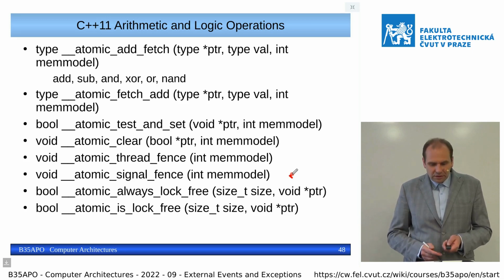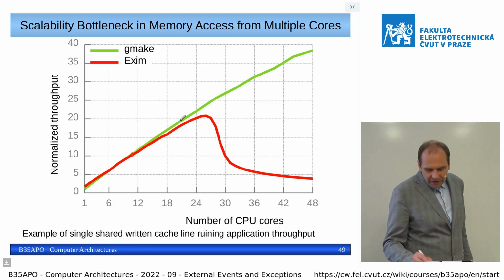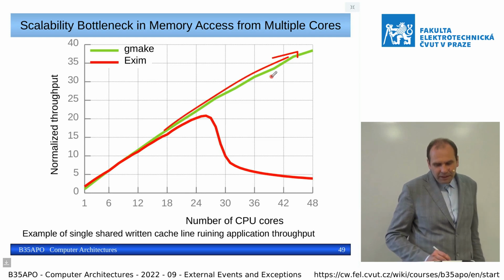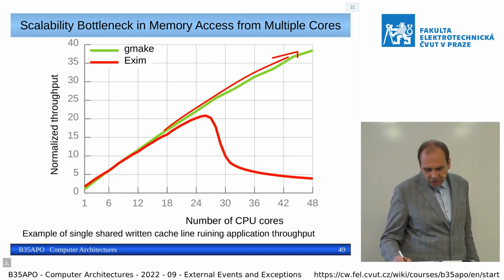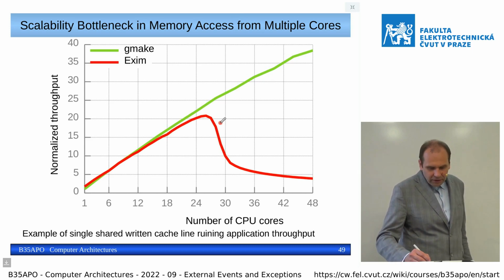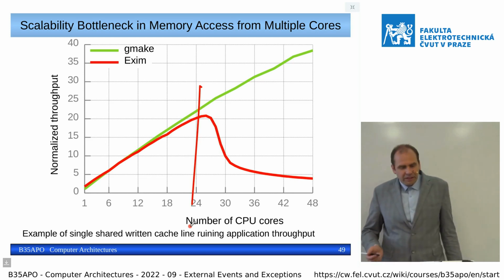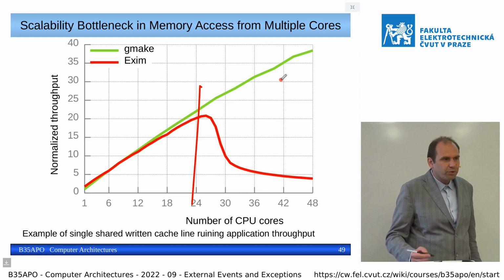And it is interesting that, for example, gmake, when you increase the number of cores, can utilize a bigger number of cores. But for example, exim, in this case it is an older example from some article, your boss says, okay, we have new users, we need to increase the throughput of our system.